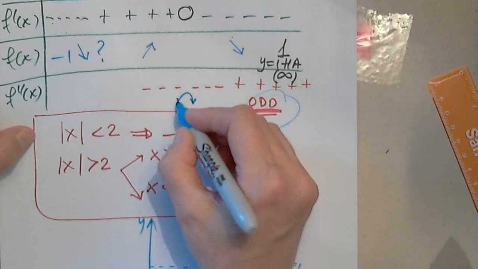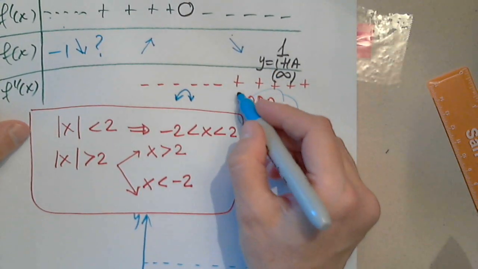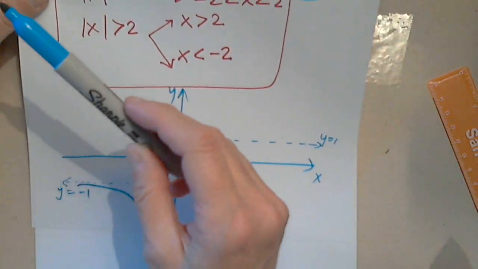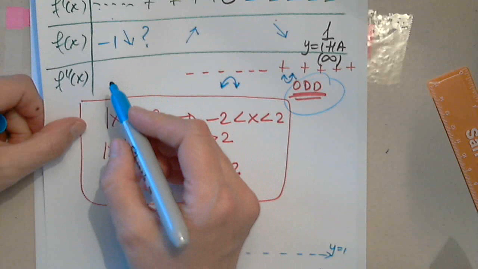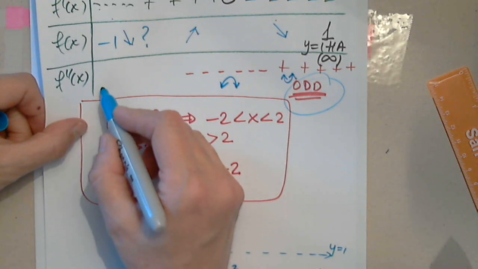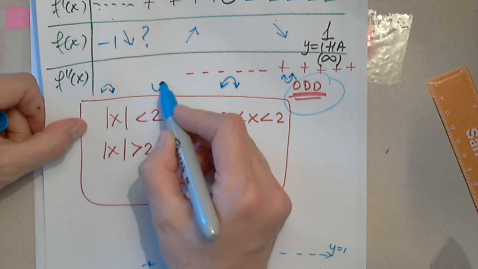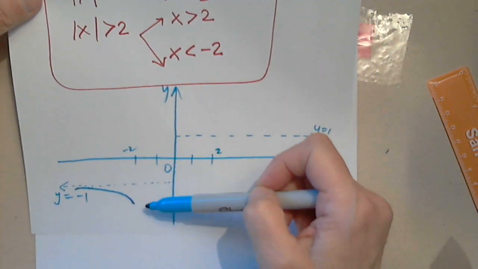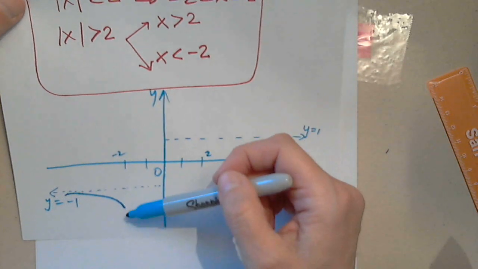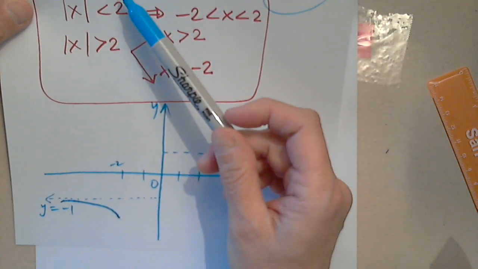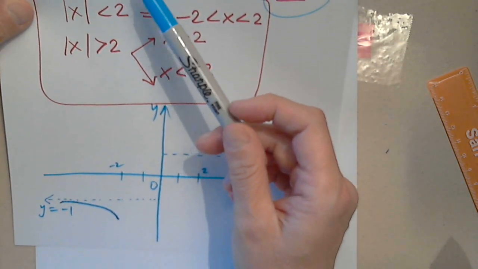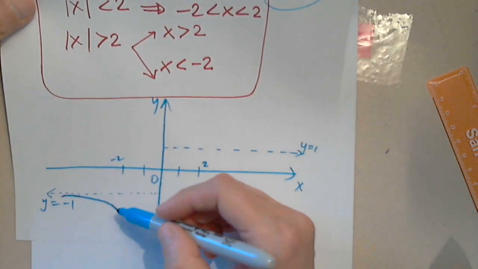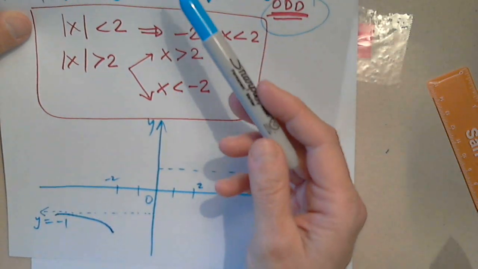The function is concave down, and here the function is concave up. So on the other side it has to be the opposite, so it has to be concave down and then concave up because of the symmetry. Okay, so I'm at negative 2, and now it opens up, it increases till I don't have any inflection points.